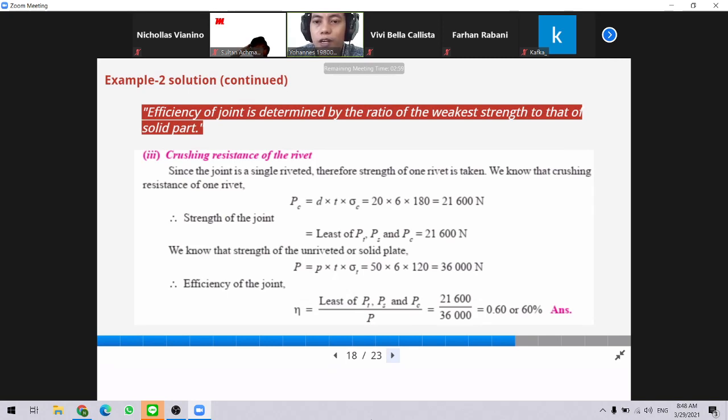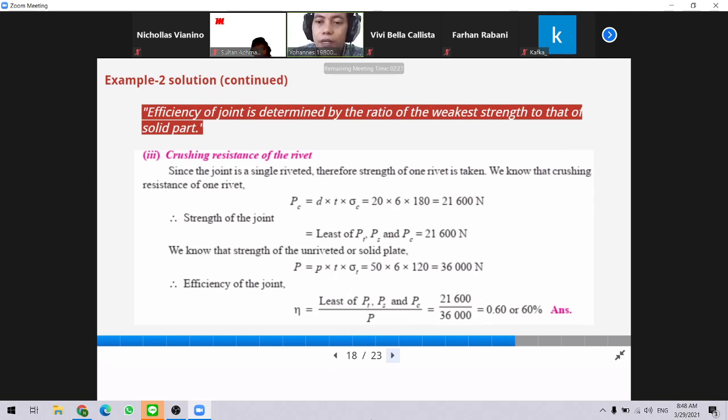So this is the plate load capacity without joint. By making the ratio between the minimum load capacity of the joint and the capacity of plate without joint, we can get this joint efficiency.